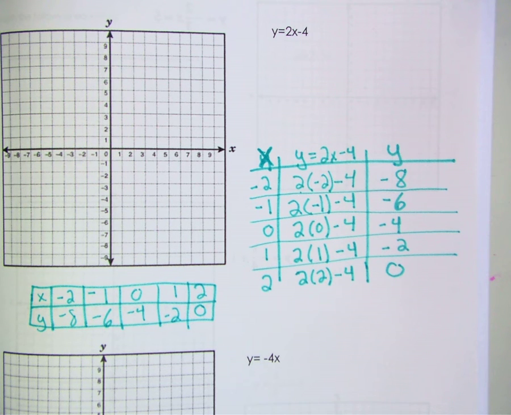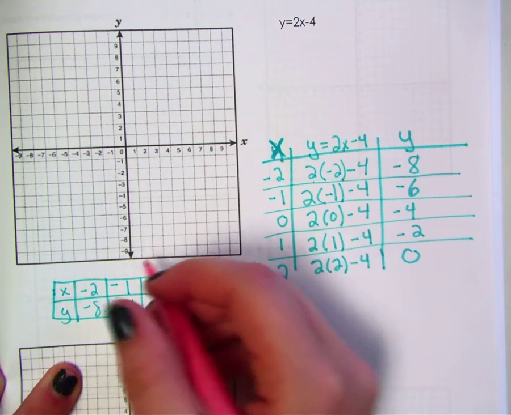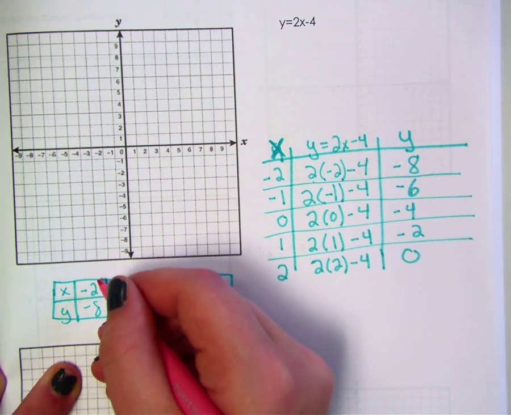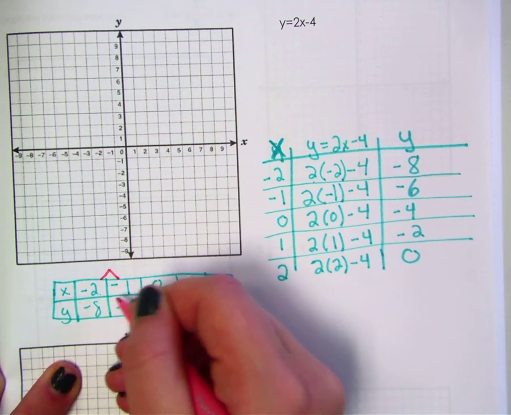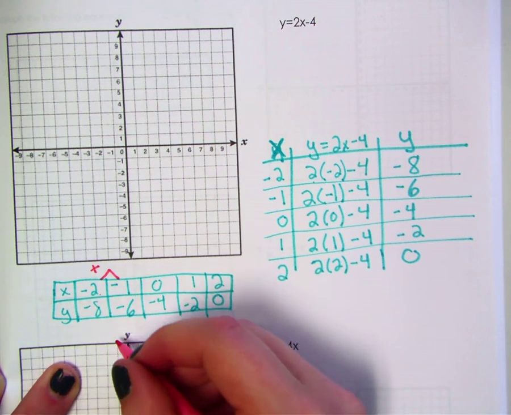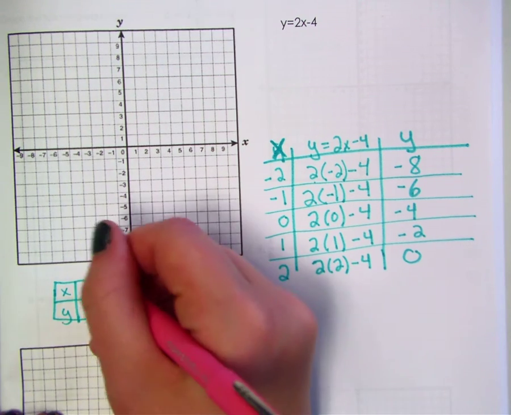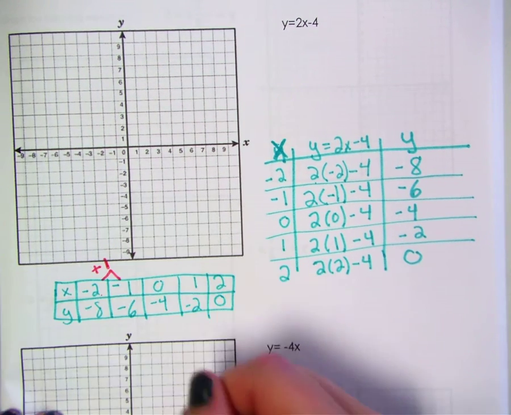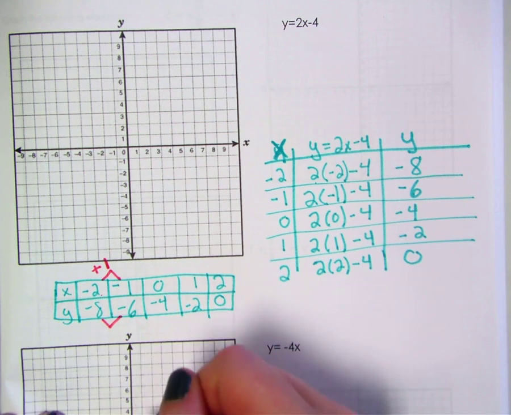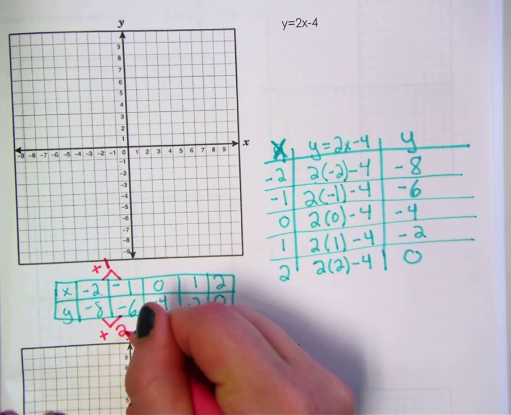So if I'm going to use my table to find my slope, remember I want my change in y over change in x. So to get from -2 to -1, that's going to bring me up one space. To get from -8 to -6, I need to go up 2 spaces.